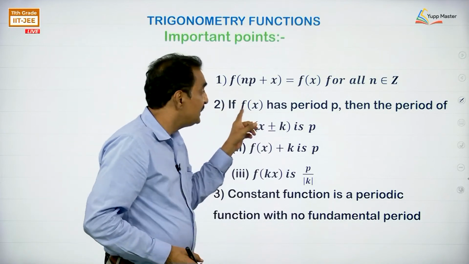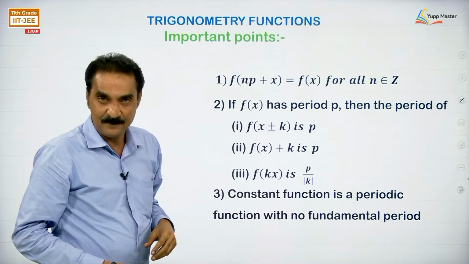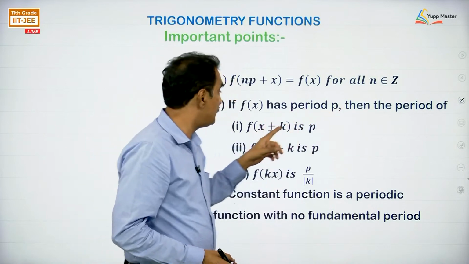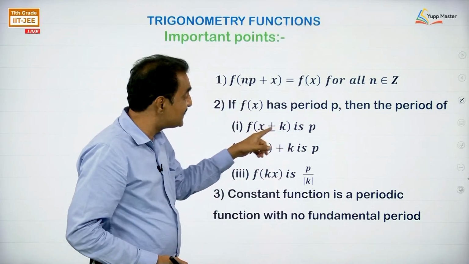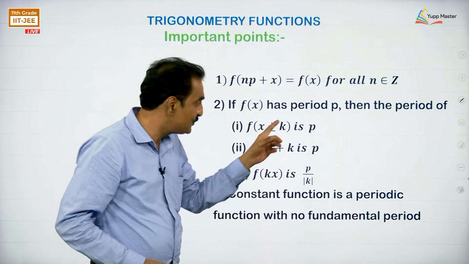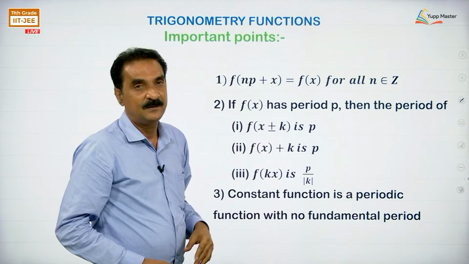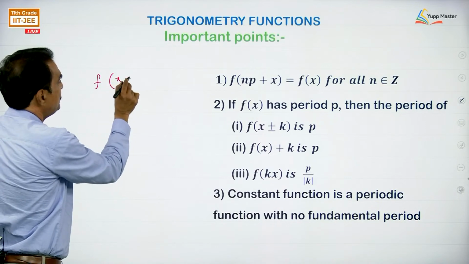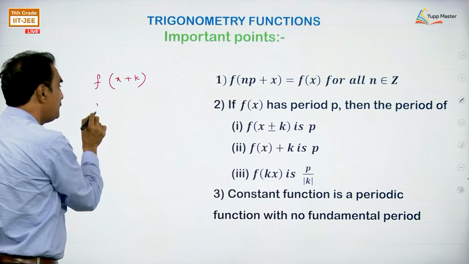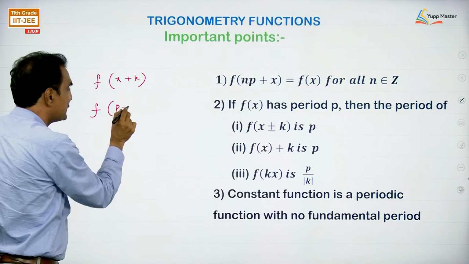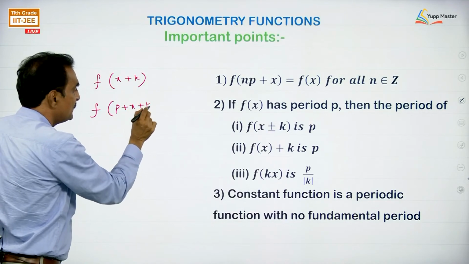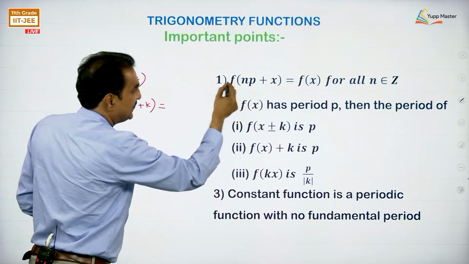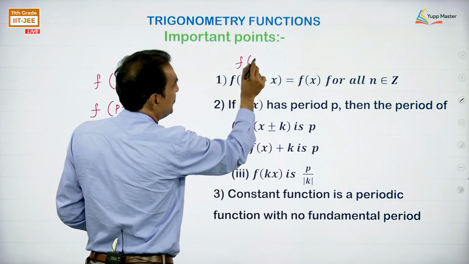Now, if f of x has period p, then the period of f of x plus or minus k will also be p, because in the function f of x plus k, if you replace x by p plus x, because of this property, what is the original property?